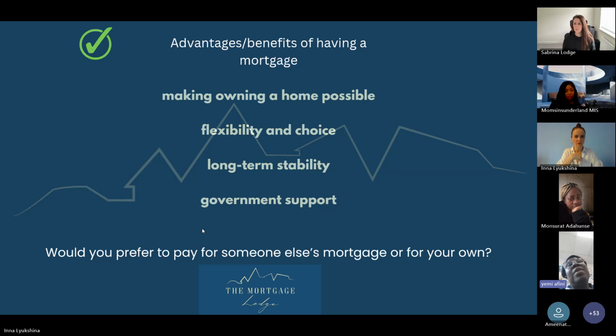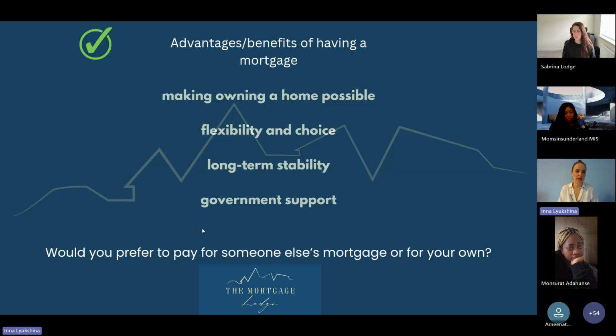for something else? Well, look, I always say the more deposit you put down, the better, because it helps you to minimize your monthly outgoings for the mortgage.